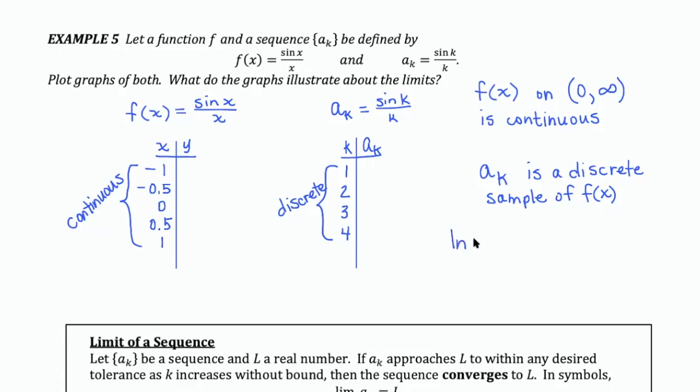In either case, the limit as k goes to infinity, sine of k over k, is going to be the same as the limit as x goes to infinity of f of x, and namely, it converges to 0.